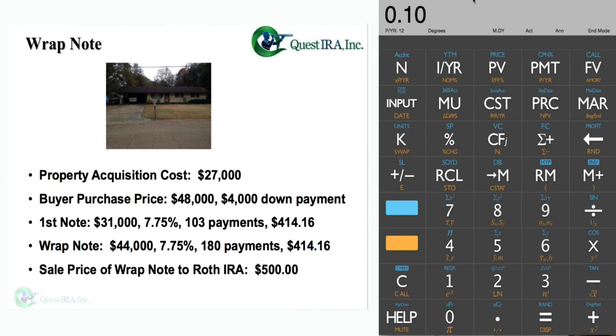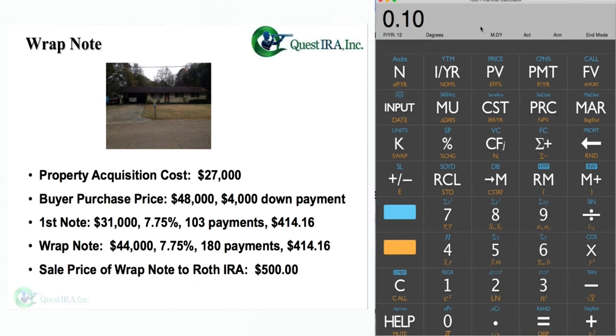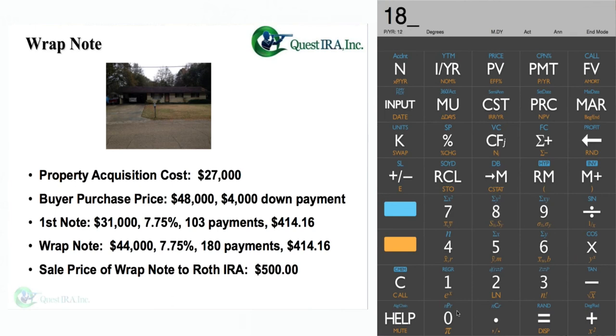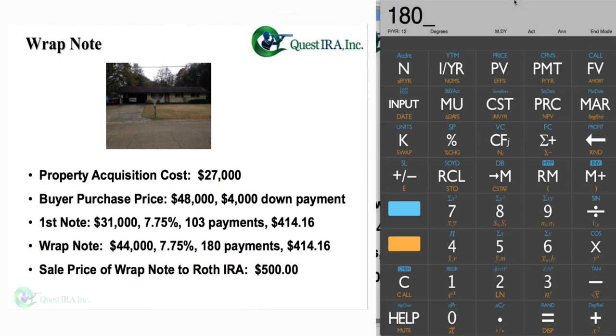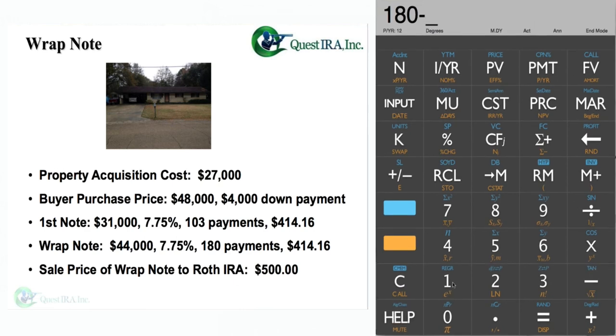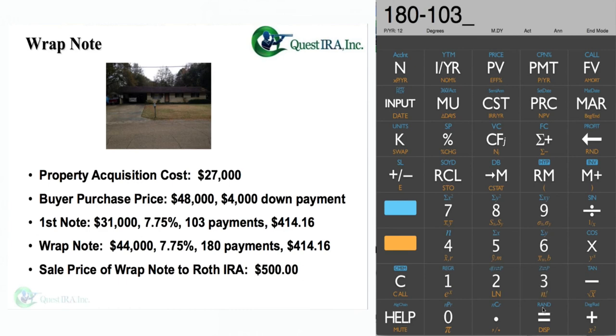So first thing we're going to do is just recreate this payment stream here. So how many payments will he have? 180. Sorry, there's a little bit of noise. I'm going to just try to mute everyone except Joe. Okay, 180 minus 103, there's 77 payments that will come in, right?